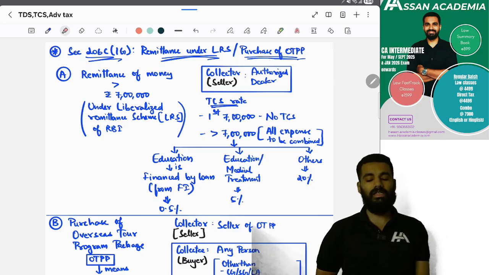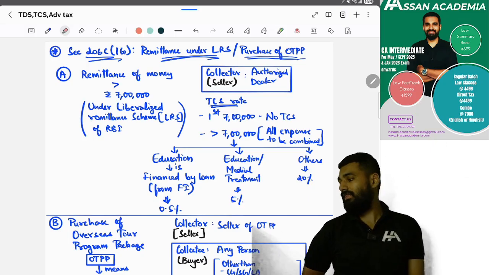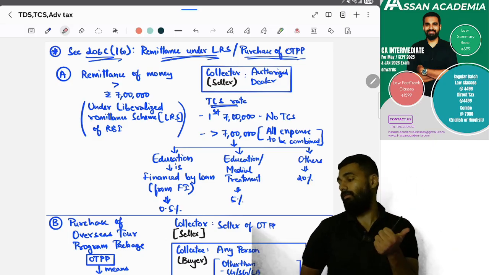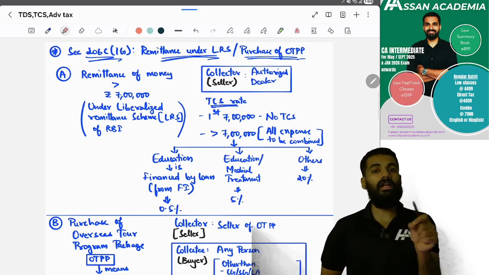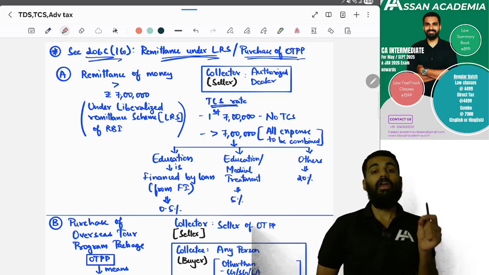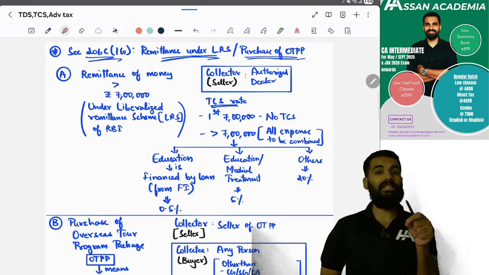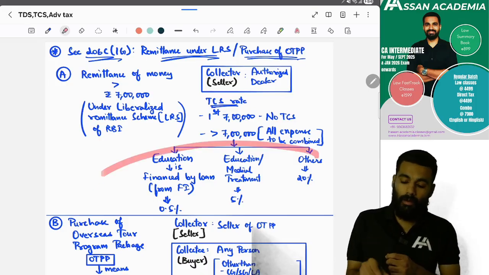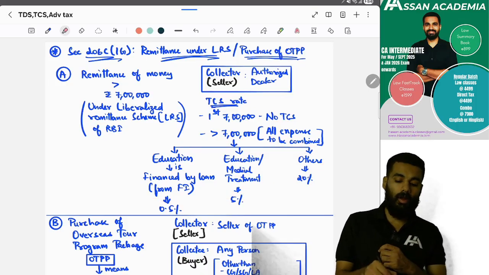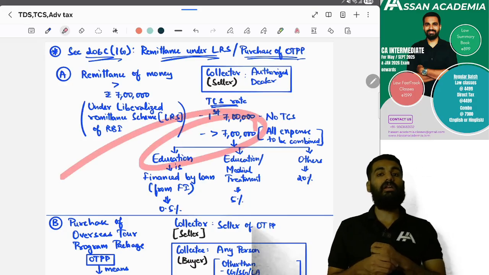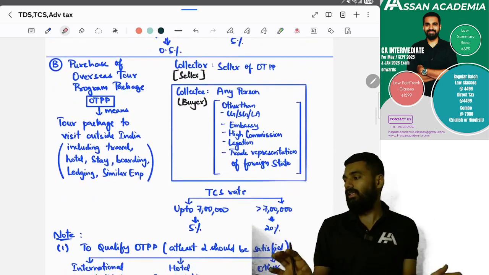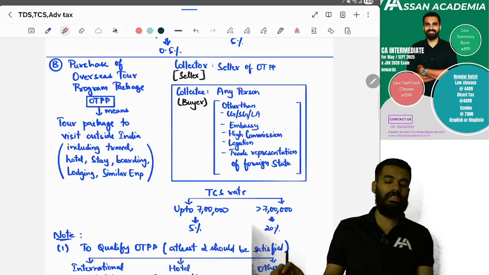Yes, no TCS up to 7 lakhs; more than 7 lakhs, then it will be 20%. But for education or medical treatment, it is 5%. But if education is financed by a financial institution, it is 0.5%. But you have to combine all the amounts and see whether it is more than 7 lakh rupees or not. Yes or no?